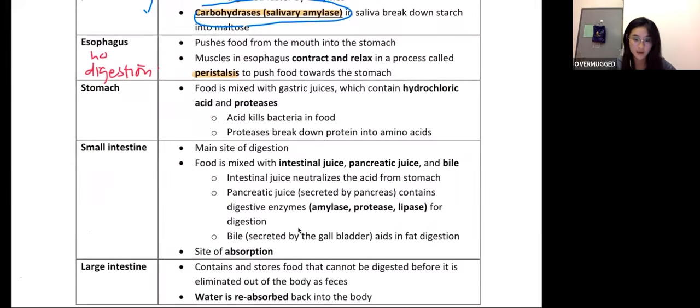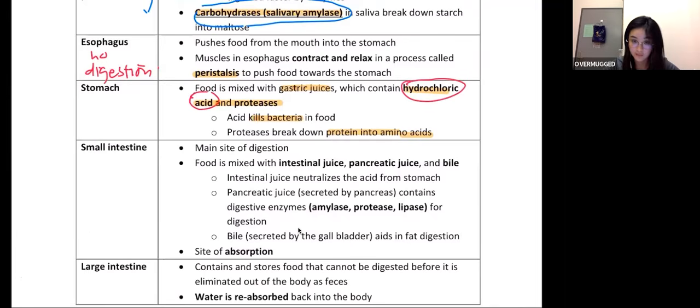Now, for the stomach, what is important? We have gastric juice that is made up of hydrochloric acid and proteases. The hydrochloric acid kills the bacteria in the food, and your proteases do what the protease does. It breaks down your proteins into amino acids. So take note, your stomach is very acidic because of the presence of hydrochloric acid.